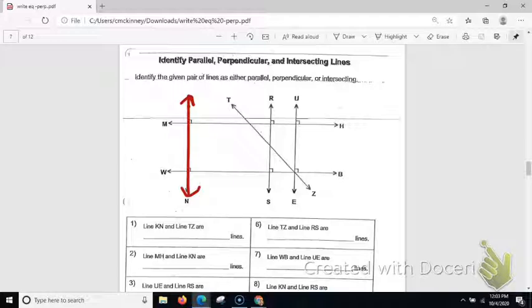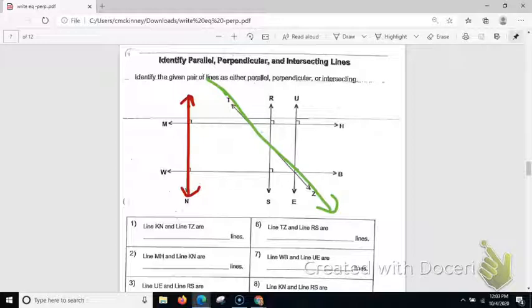And then TZ is this one that looks slanted on our page. If we carried it on out, since they both have arrows on the ends, those two would cross. So for this page, notice at the top it says parallel, perpendicular, or intersecting.